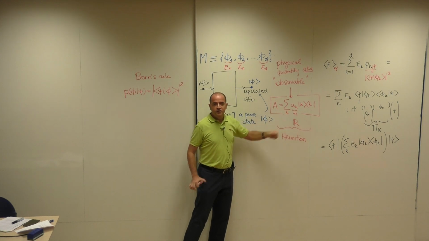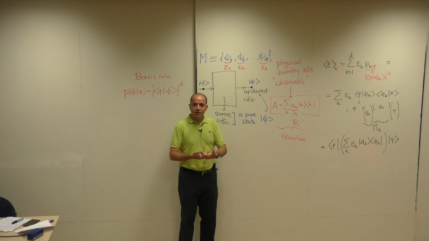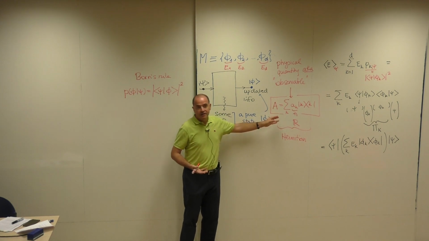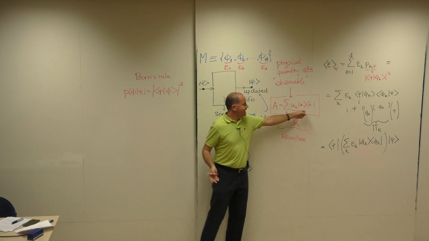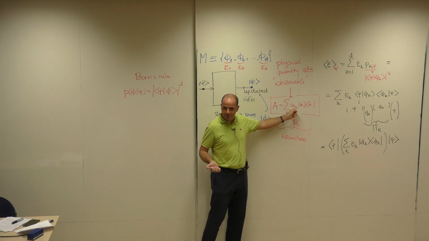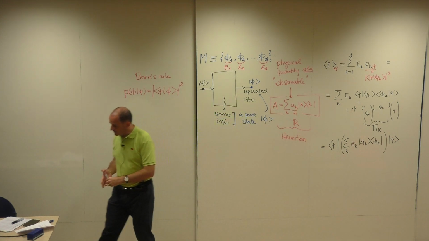In this case, you find the rule in most textbooks: what happens during a measurement? What I can find is one of the eigenvalues. Why? Because what you actually find is one of the eigenvectors, and to that eigenvector, you're associating that eigenvalue. Okay, now you can go and read your favorite textbook on this topic.